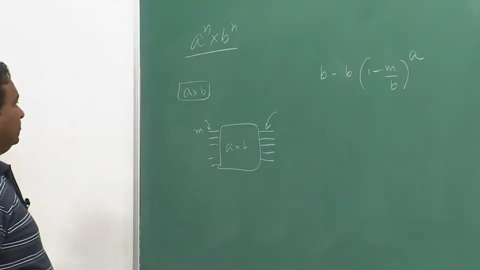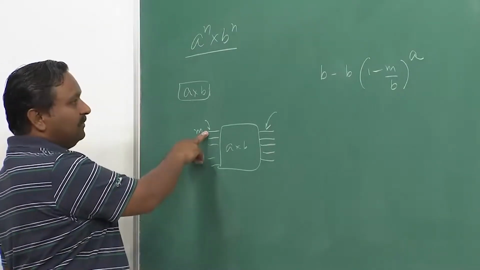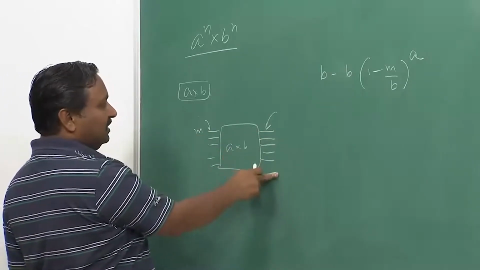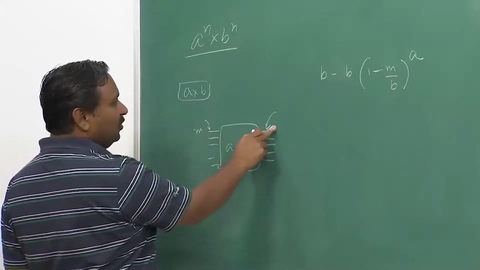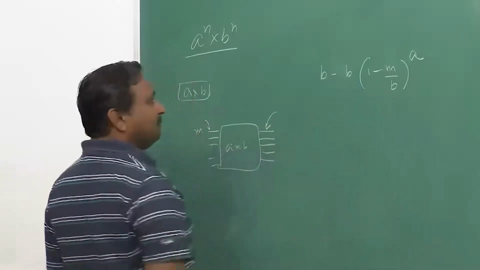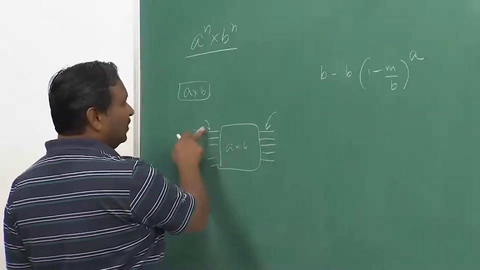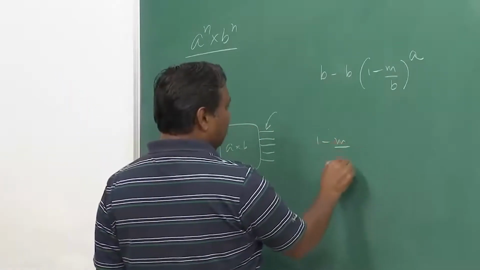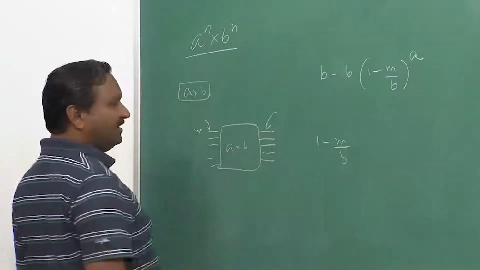When a packet comes with probability m, it is going to be directed to one of the b outputs. So, the probability that a packet is arriving for this outgoing port is m by b. The probability that a packet is not going to arrive at this port is 1 minus m by b.